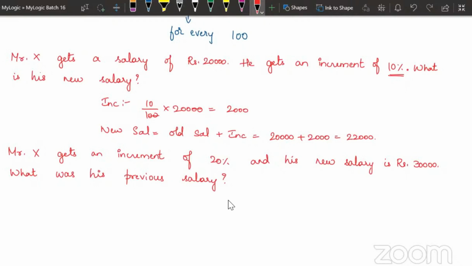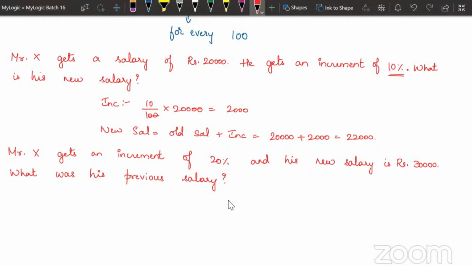Previous salary, Madhu, it is not 6,000. Can you please check? Okay, Soulful Mix has answered 24,000.